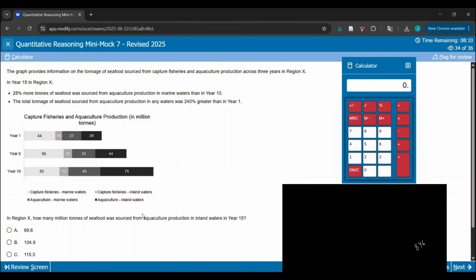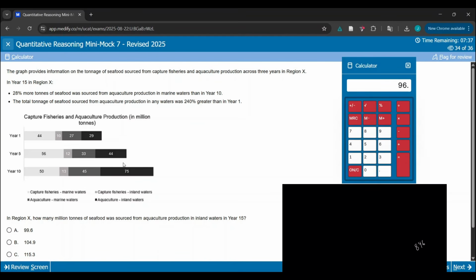In Region X, how many million tons of seafood was sourced from aquaculture production in inland waters in year 15? In year 15, 28% more. Aquaculture production, so 75. Of seafood sourced in marine waters, in inland waters is 240.